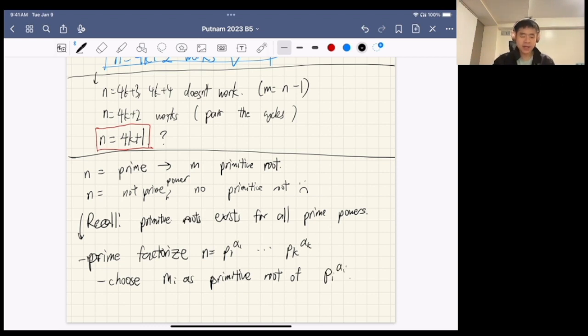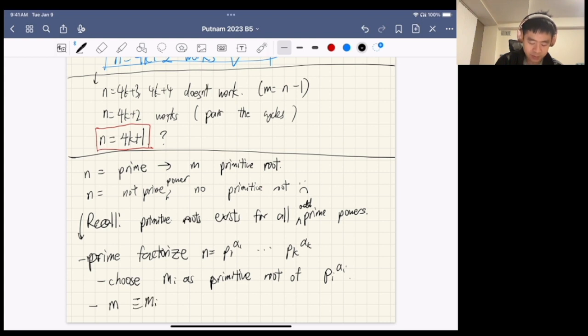Since we already know that n is odd, all these numbers are odd prime powers. Sorry, 2 to the power of k does not have primitive roots. So choose mi as a primitive root of this.